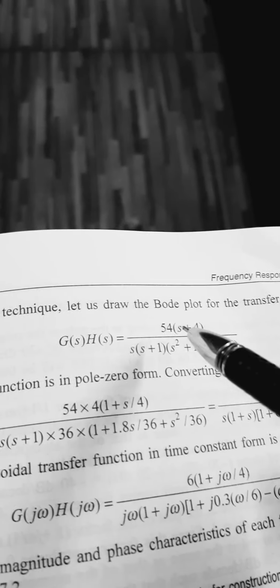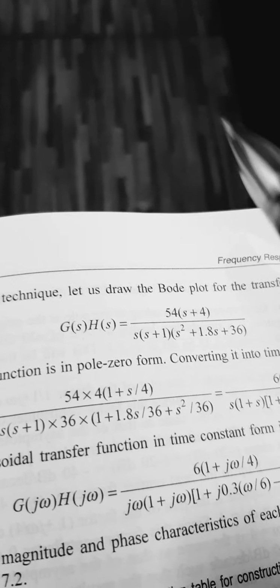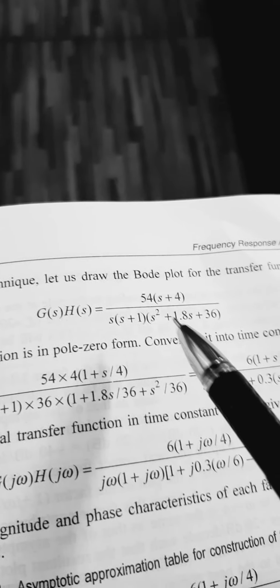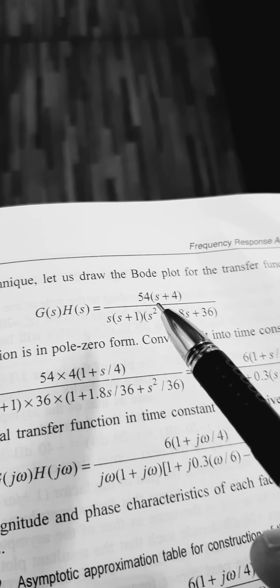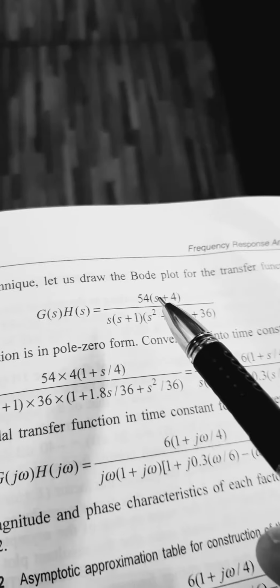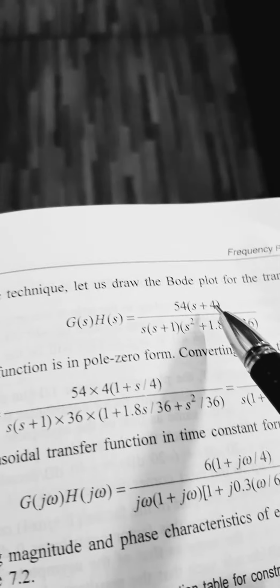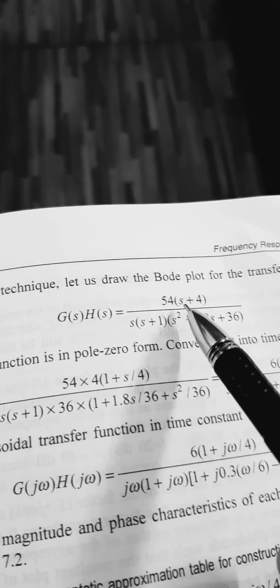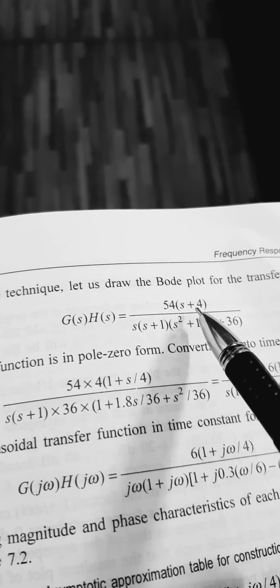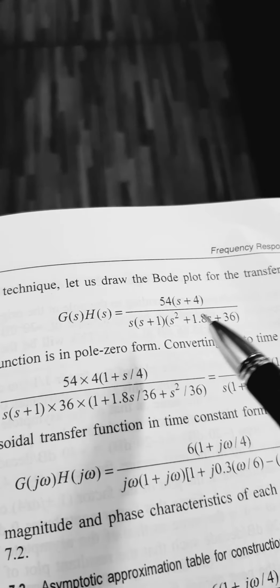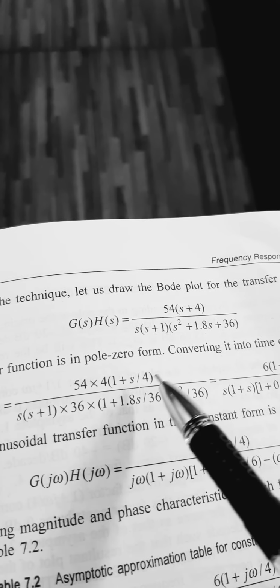Now if you have to do it in time constant form, what is the constant term that you have to divide by? For example, here s plus 4, you divide by 4, so you will get 1 plus s by 4, and 4 you have to take outside, like this: 54 into 4 into 1 plus s by 4.